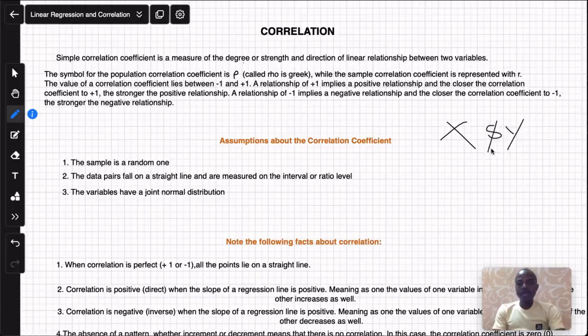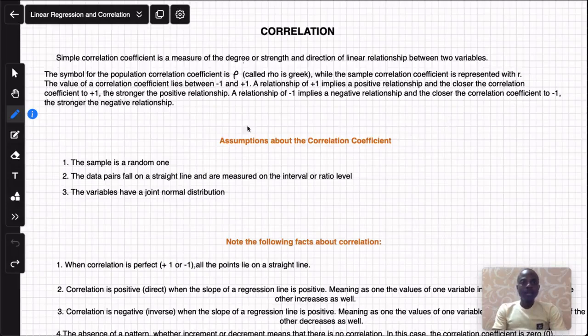Now, if you look at your regression, we talk about x as the independent variable, y as the dependent variable. Here, we are not really concerned about which is dependent or which is not dependent. Our concern is the relationship.